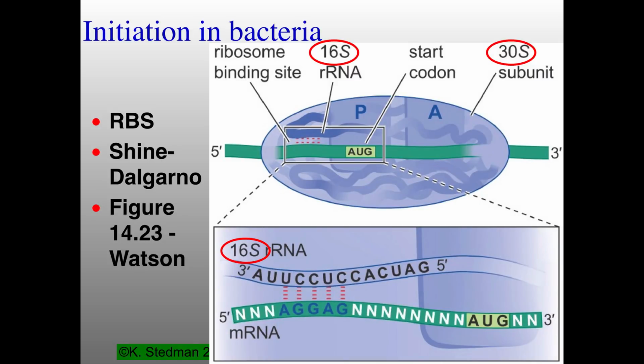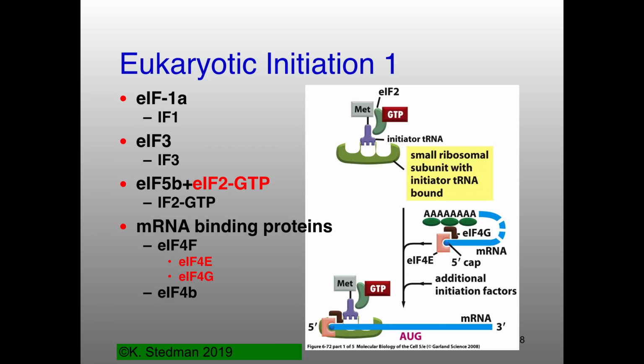And this is why it's very rare you end up in a different frame, because you've got that very strong specificity in bacteria. Okay, so that's how you get the small subunit of the ribosome to the messenger RNA and select your start codon in bacterial systems. Eukaryotic systems are different.